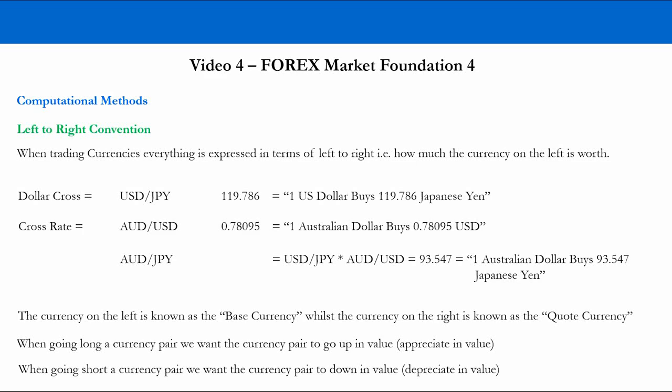And if we want to work out a cross rate from dollar crosses, we can take, for example, the Aussie dollar US dollar, which is currently trading at spot 0.78095, which basically says 1 Australian dollar buys 0.78095 US dollars. We can take this and the US dollar Japanese yen rate, and work out what the Aussie dollar Japanese yen cross rate is from these two numbers.